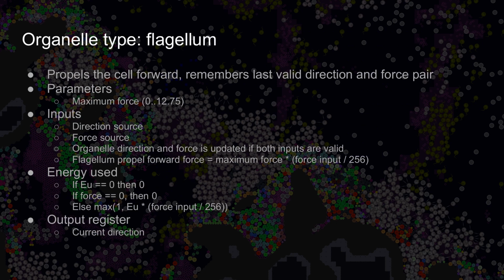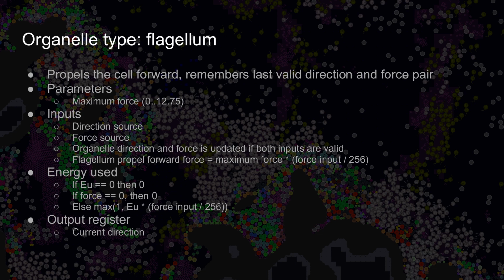The next organelle is flagellum. It is a long whip-like structure that helps the cell move. The parameter is the maximum force that is available. The organelle has two inputs, a direction and a force. The direction input decides in which direction the cell will move.